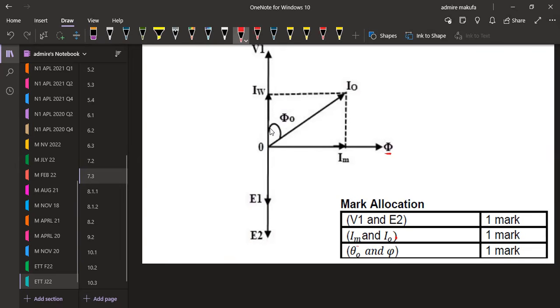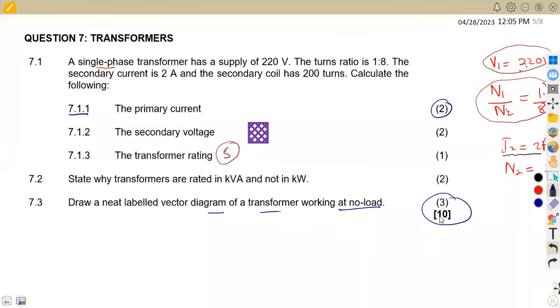Remember, I also said this angle at this point is the same as the angle at this point. So this can help us to calculate the magnetizing component or whatever you're given according to your diagram, because these two are equal from the concept of Z angles, alternate angles. All right. So that is what we had in this case. We check the other part of the question, okay, so that was the last part of question 7, having 10 marks.